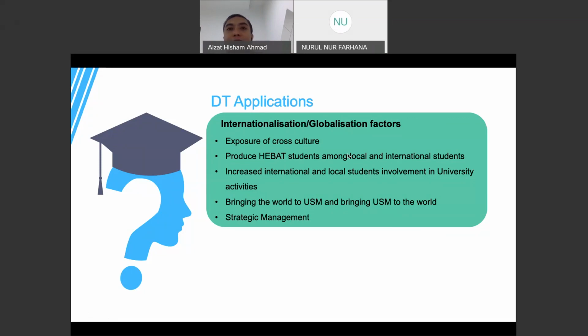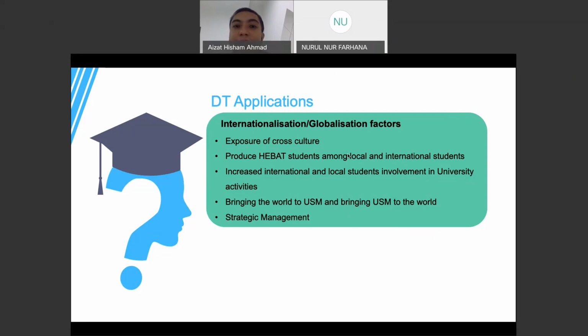I have given some examples about cultural differences that are important, and design thinking can help you apply solutions to these problems. Remember the Hebat students in the beginning, not only among local and international students, but together we want to make sure that the interactive setting of a global village happens within the university. And again, this is possible to achieve via design thinking.